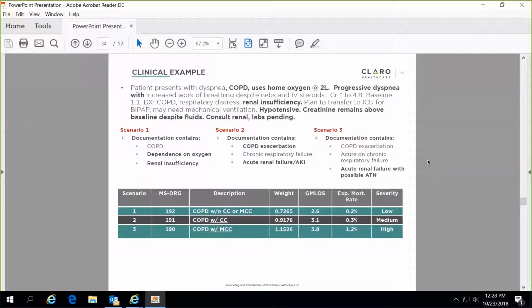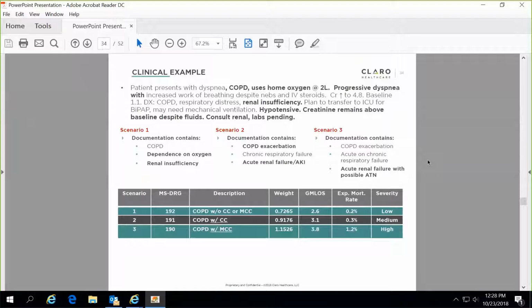But with better documentation, even just improving that principal diagnosis, COPD exacerbation, we're able to move to that medium level. And then if that renal insufficiency is truly acute renal failure, then we're able to clarify that, and you see how that moves up. Scenario 3 is even more improved.